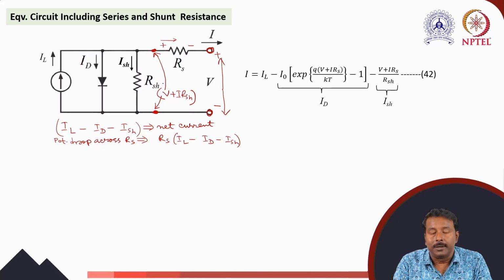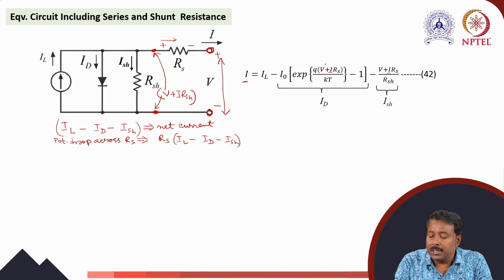But the problem is, if you observe this equation, I is equal to IL minus I0, this term, you observe that the current term I is present in the form of an exponential term on the right hand side. Also, I is present on the left hand side, here and here. Also, it is present here.